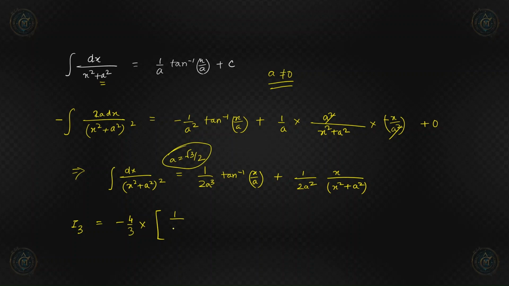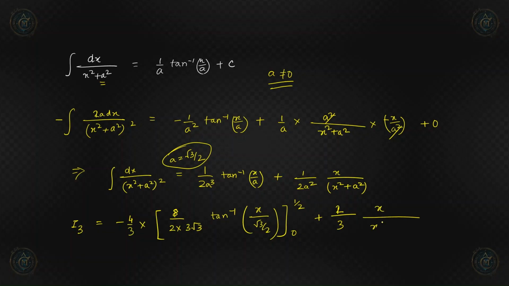So 2 times this will be 3 root 3 divided by 8 times tan inverse x divided by a, so x divided by root 3 by 2, with limits from 0 to half. Plus here it will be 1 divided by 2 into 3 by 4, that means 3 by 2. Then here x divided by x square plus 3 by 4 with limits from 0 to half.